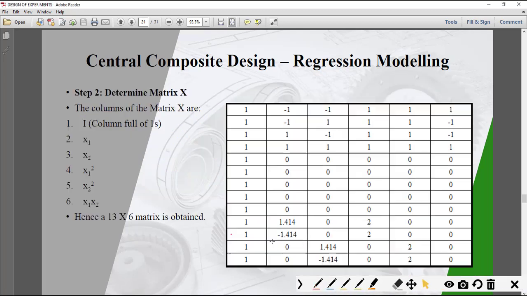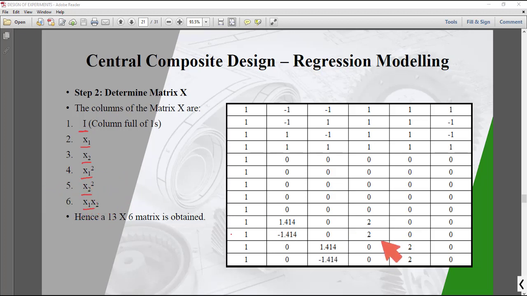So after drawing this, what is the next step? The next step is to determine the matrix X. So what is the matrix X? The matrix X has all the columns which we just wrote. The first column is I, meaning it has all +1 values. Then the next columns are x1, x2, x1 square, x2 square, and x1 x2.